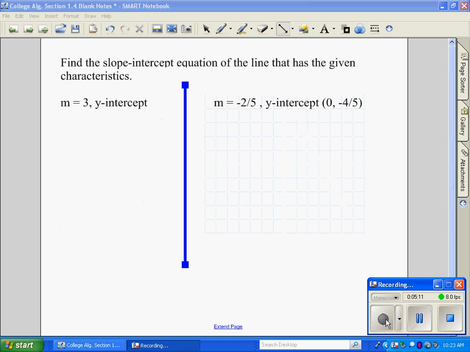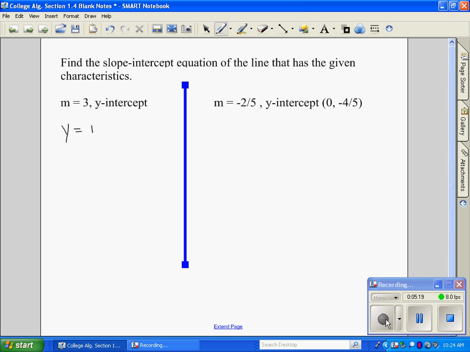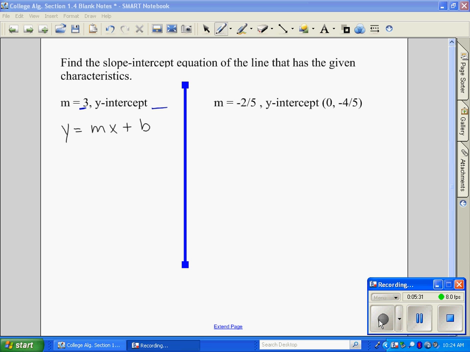Our next type of problem says find the slope-intercept equation of a line that has the given characteristic. So y equals mx plus b is what they're asking us to find, and they're simply telling us to plug in your m and plug in your b, which in this given problem should have been (0, 5).